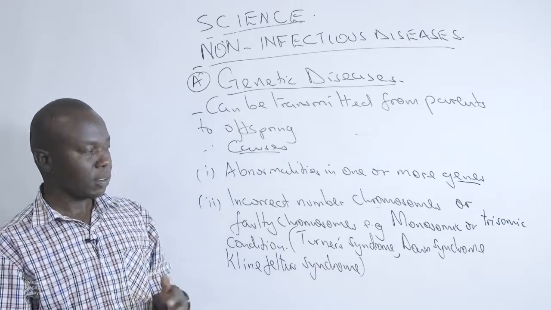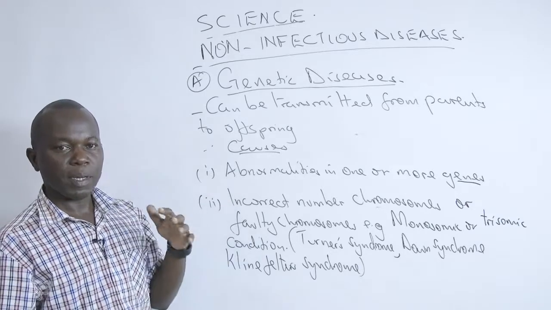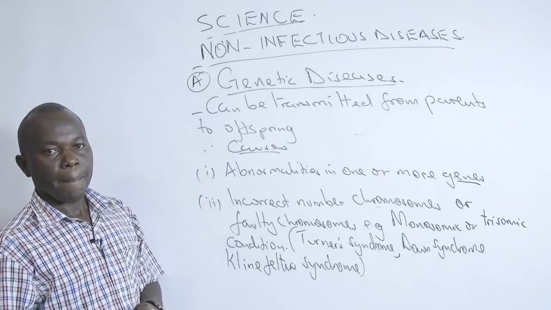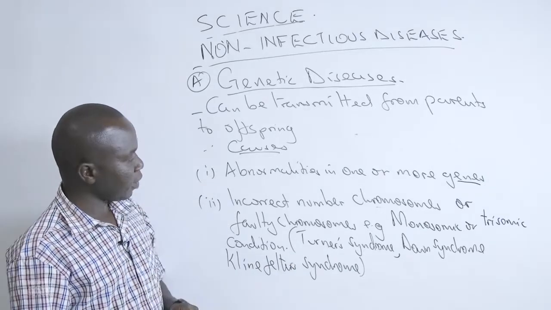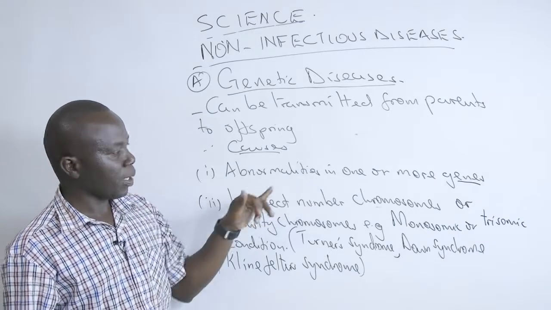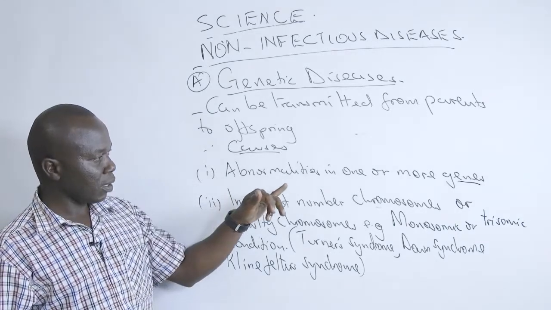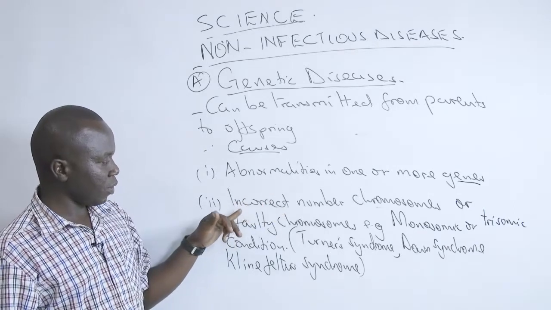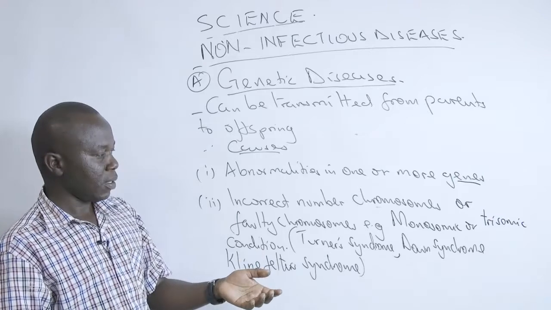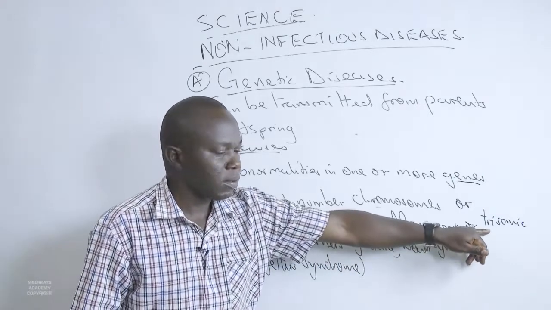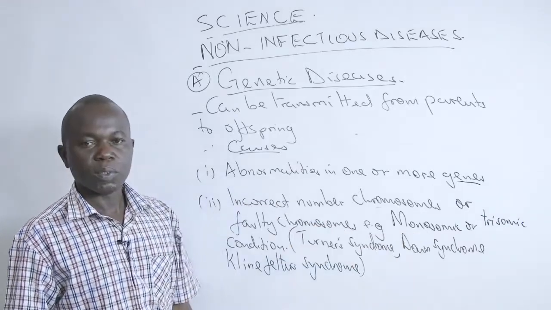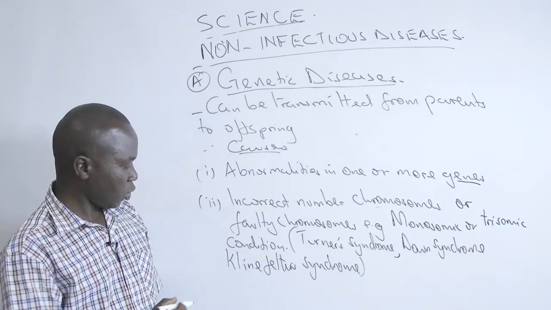These are diseases that maybe at a higher level you can look at in a detailed way. So it could be abnormalities at gene level, or an incorrect number of chromosomes, either too many or too few. When there are too many, it could lead to trisomic cases. When there are fewer, it could lead to a monosomic condition.